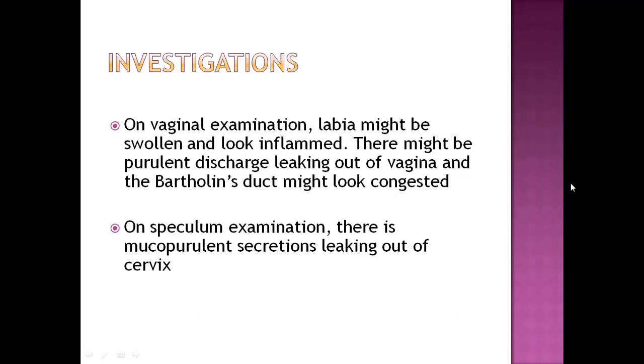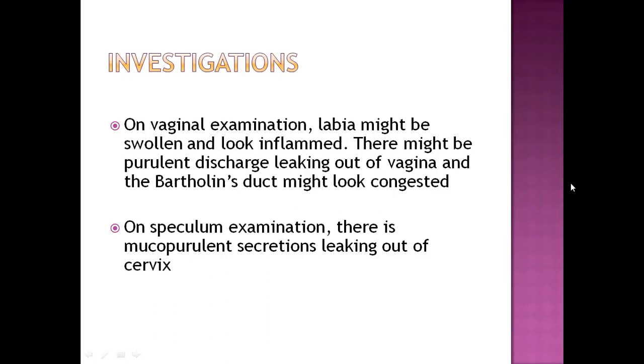Investigations for gonorrhea can be, first of all, vaginal examination of the female. On vaginal examination, the labia might look swollen and inflamed. There also might be discharge leaking out of the vagina. And the Bartholin's gland might look congested or thicker than normal.